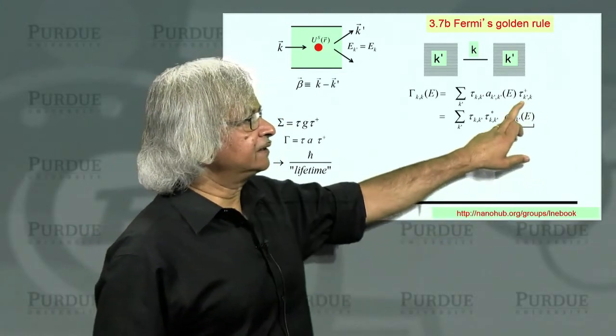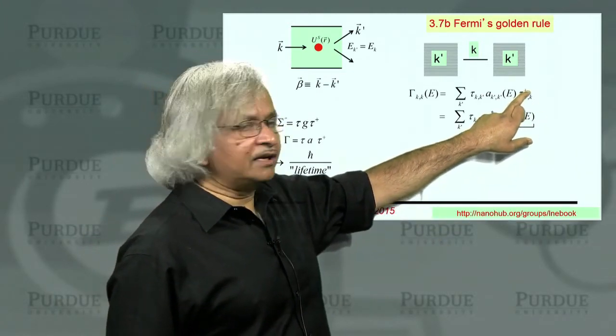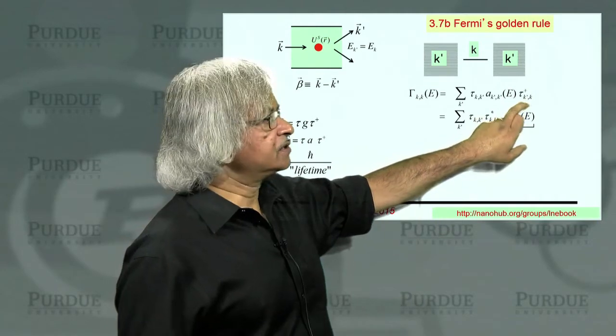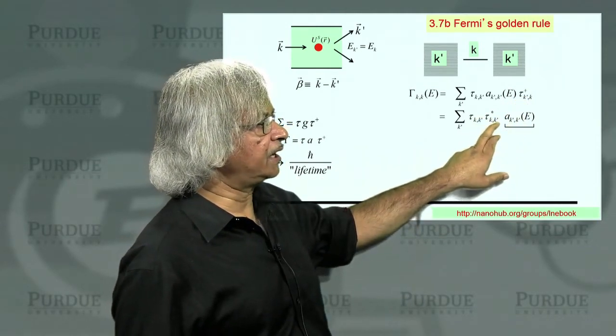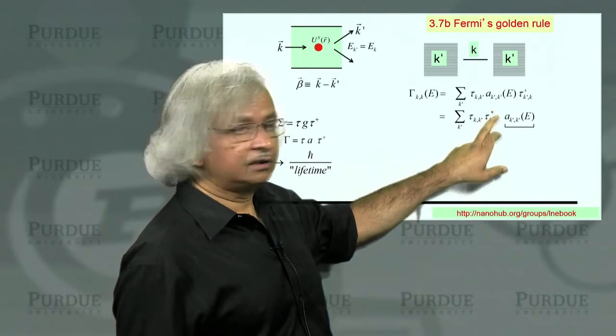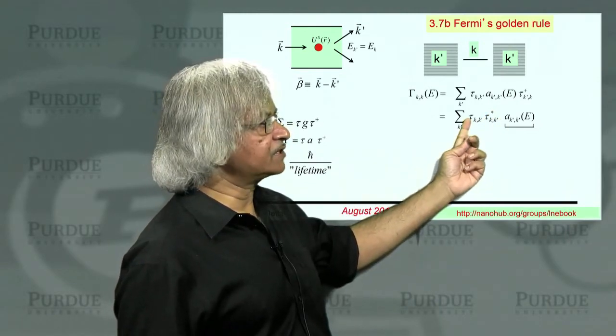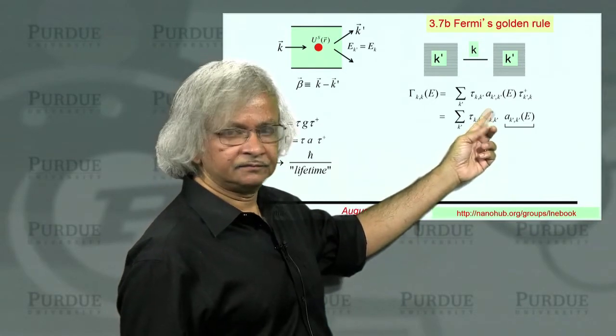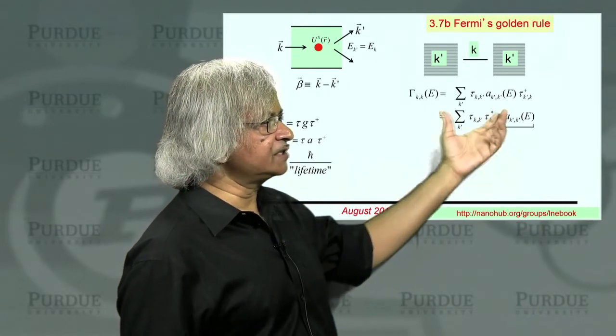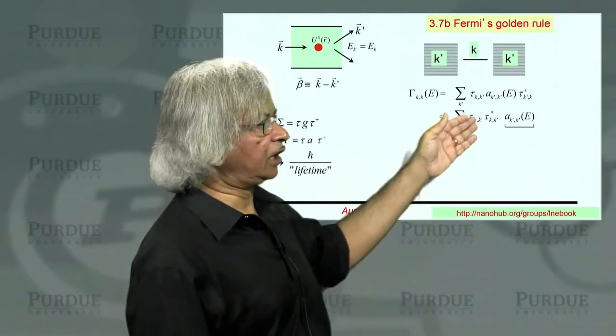Next you note that dagger means conjugate transpose. So tau dagger k prime comma k is really tau k comma k prime conjugate. So when you multiply this, you get the magnitude squared of tau.